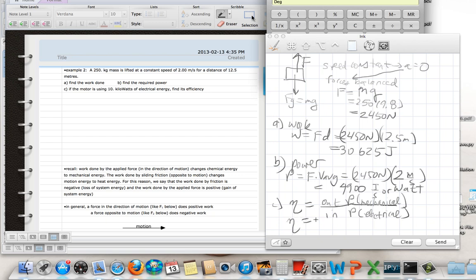Now, the output power we just worked out is 4,900 watts. And we're told in the question that the motor is using 10 kilowatts or 10,000 watts of electrical energy, 10,000 joules each second. So canceling off a couple of zeros, you get 49 over 100, which is 0.49, which is 49% efficient.